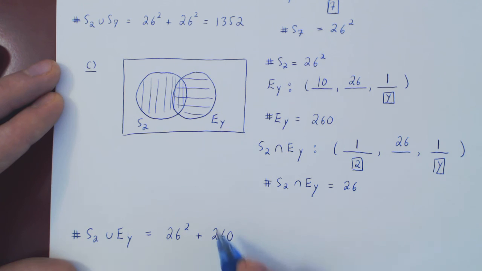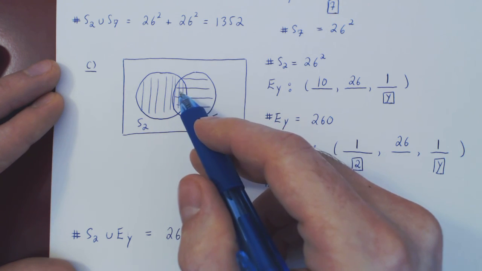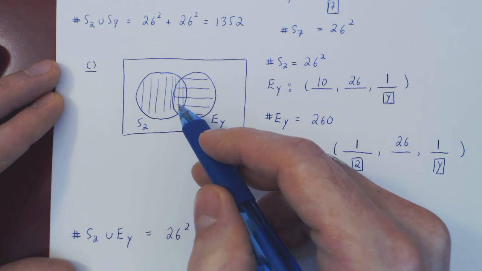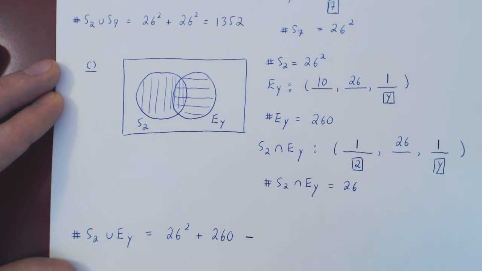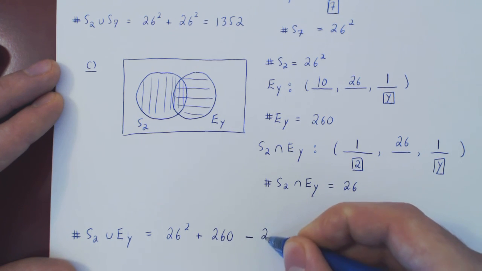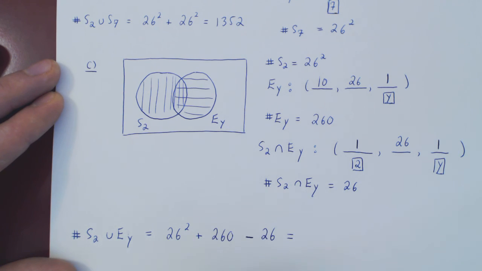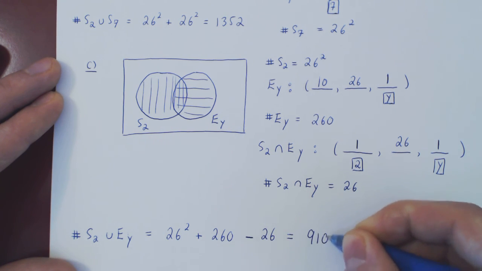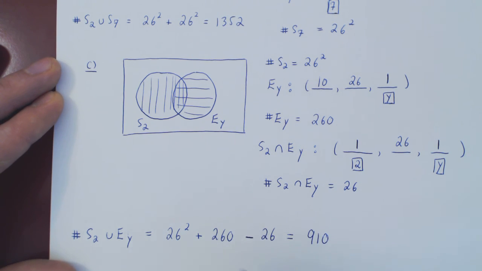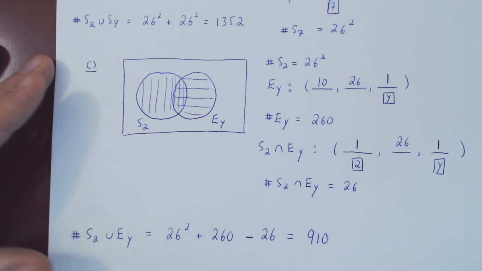But now we've counted the intersection twice. We must count it once. So remove it once, and you're back down to counting it once. And the number of elements in the intersection is 26. And if you calculate 26 squared plus 260 minus 26, you will have 910 different passwords that either start with a 2 or end with a Y. And that's it.